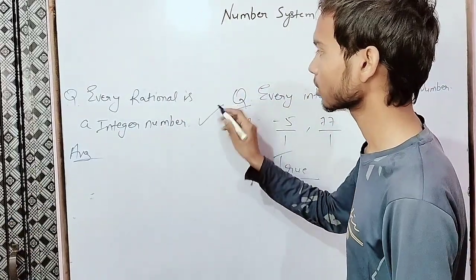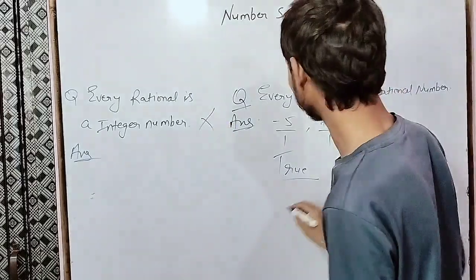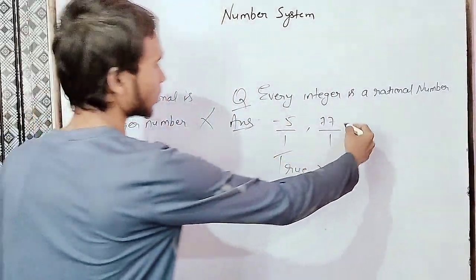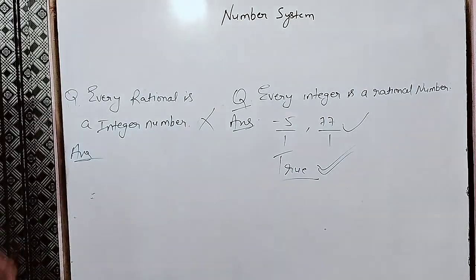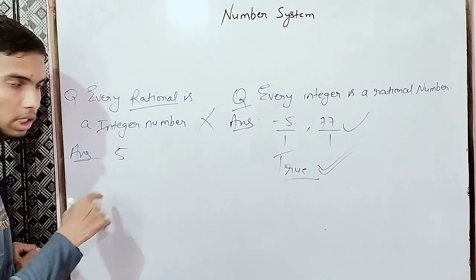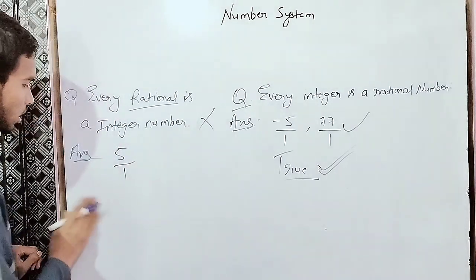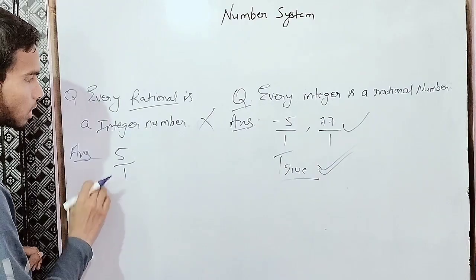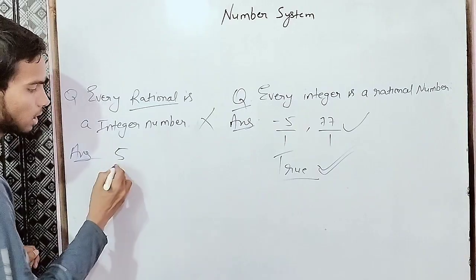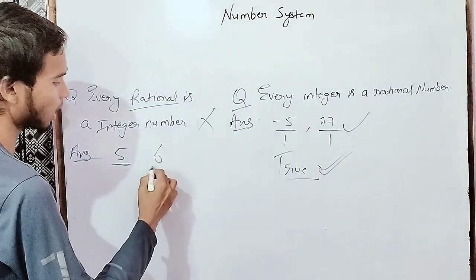I would say no. Any number you can put, like 5, is rational because 1 is hidden in the denominator, and it is an integer. But what if I take a fraction?